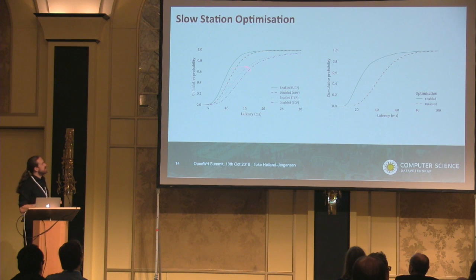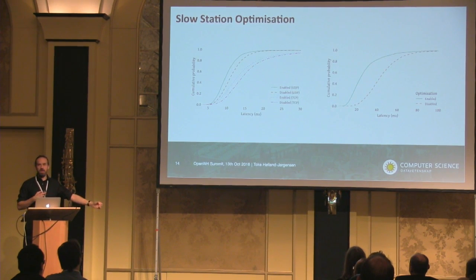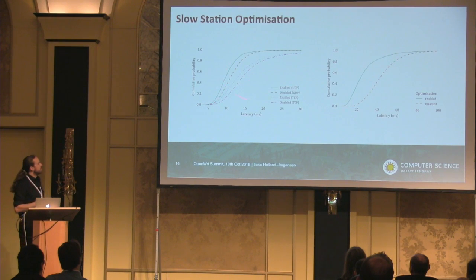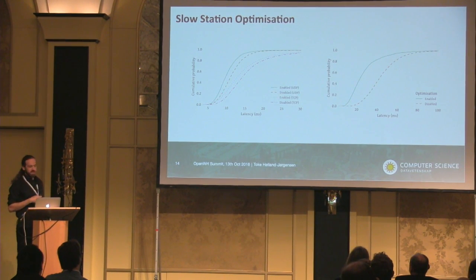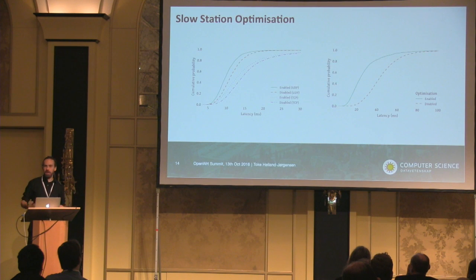And you can see it best on the graph on the right, which is from the 30-station test. The solid line is with the optimization enabled. We can actually improve the latency to a station that only has sparse traffic by about a factor of 2. And of course, on the left-hand graph, you can see it doesn't give quite as much benefit when there's only 3 stations, but we do get a fairly consistent improvement between the 2 pairs of lines on that graph.